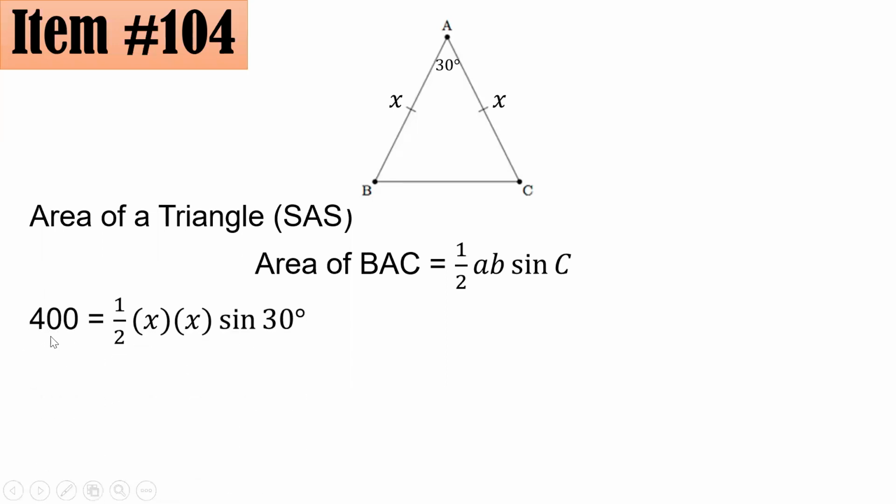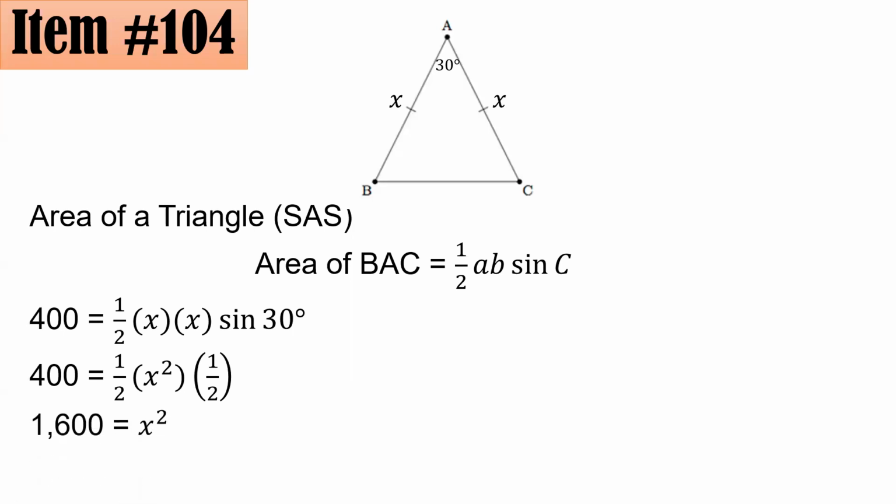And we know that the area is 400. So ito po yung ating equation. 400 equals 1/2 times X times X times sine 30 degrees. What I did next is that I knew that x times x is x squared. Sine 30 is 1/2, and 1/2 times 1/2 will be 1/4. I multiply both sides directly by 4.